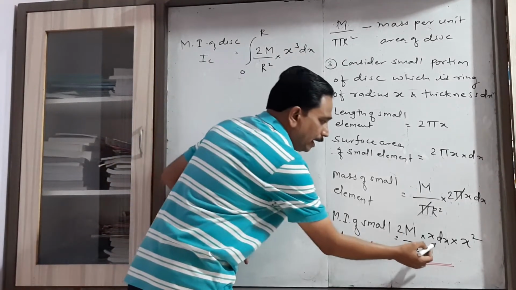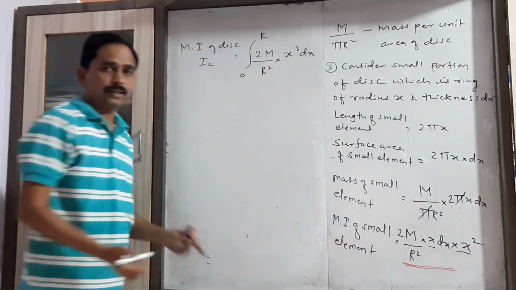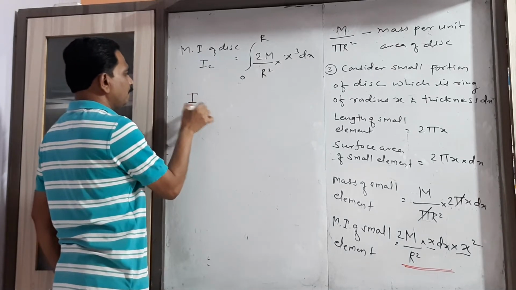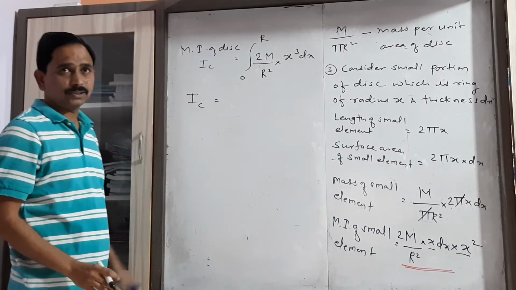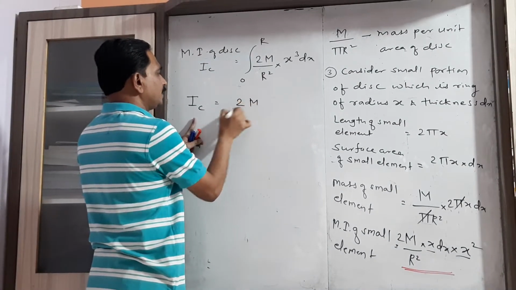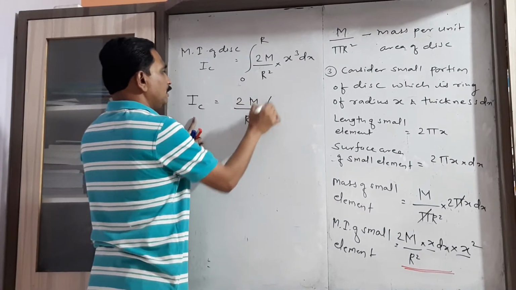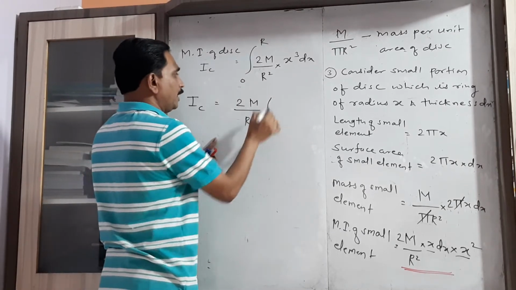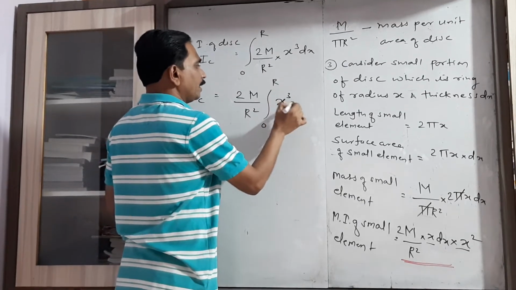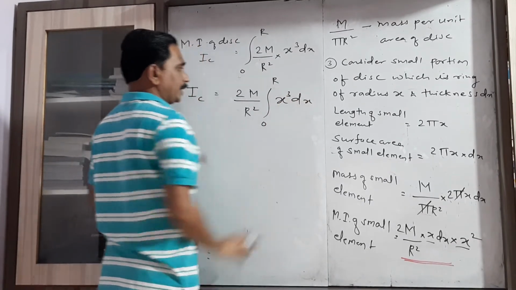Now this one x into x square, that gives us the x cube. So I write here moment of inertia of a disk about an axis passing through the center equal to, I take out twice m upon r square as a constant, integration to the limit from 0 to r, we have to take x cube dx.